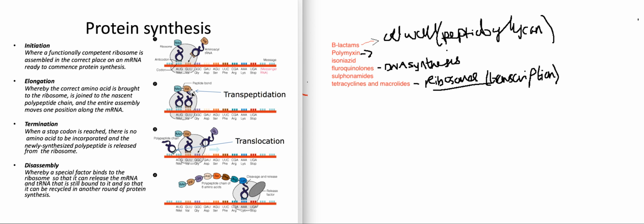Transpeptidation is basically forming the peptide bond between the amino acids, whereas translocation, when blocked, prevents the tRNA from entering the E site, which is the exit site, so therefore it can't be removed.